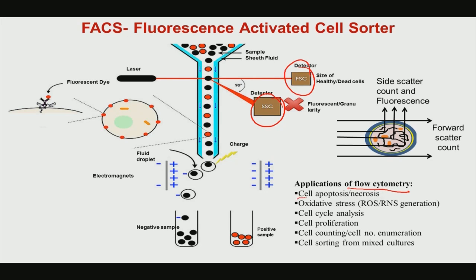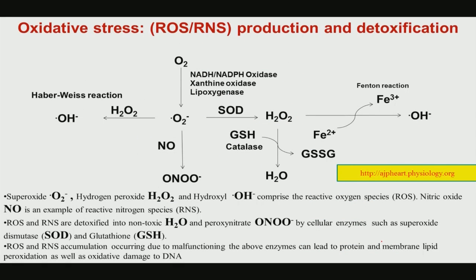One is cell apoptosis or necrosis in eukaryotic cells. In the case of bacteria, it will simply be cell viability or cell death. It can also quantify oxidative stress and ROS generation, cell cycle analysis, which is very appropriate for eukaryotic cells, cell counting, cell number, and cell sorting from mixed cultures.